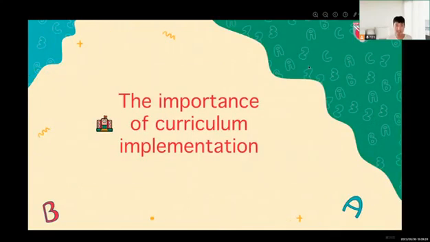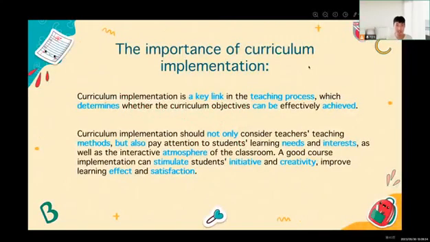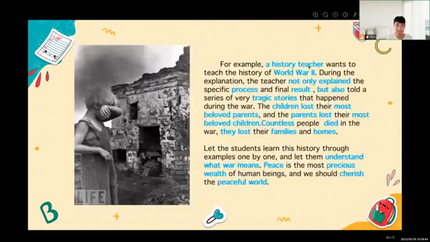So the next part is the importance of curriculum implementation. Curriculum implementation is a key link in the teaching process, which determines whether the curriculum objectives can be effectively achieved. The time is limited, so I have to skip the top example.